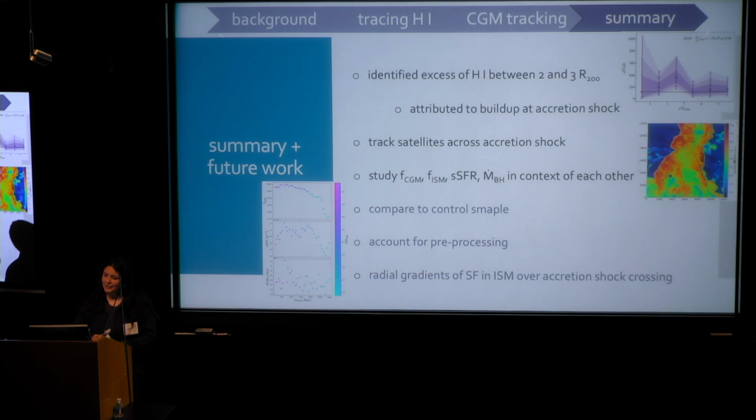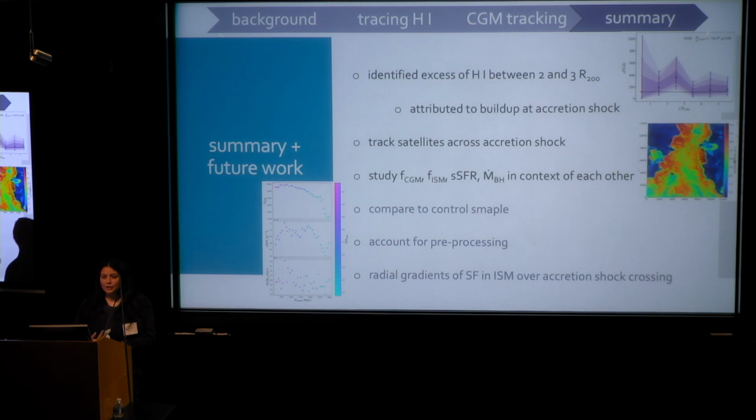It's really up in the air. The splashback radius, there was some great work by Ong et al. 2021. That's what that figure is from, actually. That quantifies the location of the splashback radius in terms of the accretion shock. And so there's a relationship there.